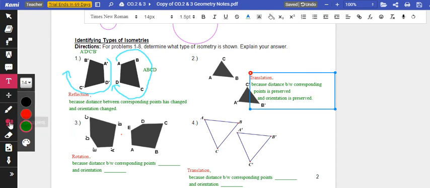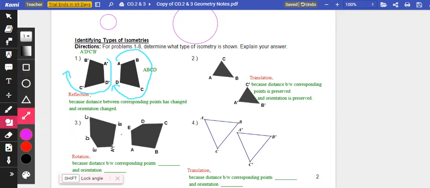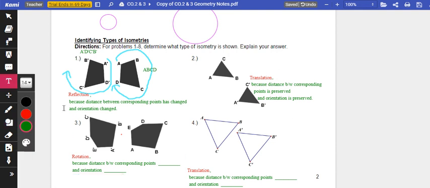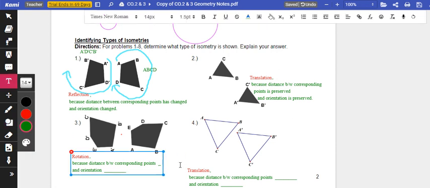If I compare these two corresponding points, A prime and A, and let's say C prime and C, I can see that the purple line on the top is much longer than the purple line on the bottom. So the distance between corresponding points has changed. Those distances were different.